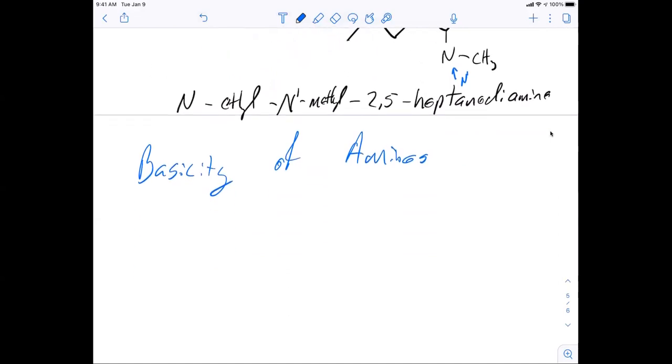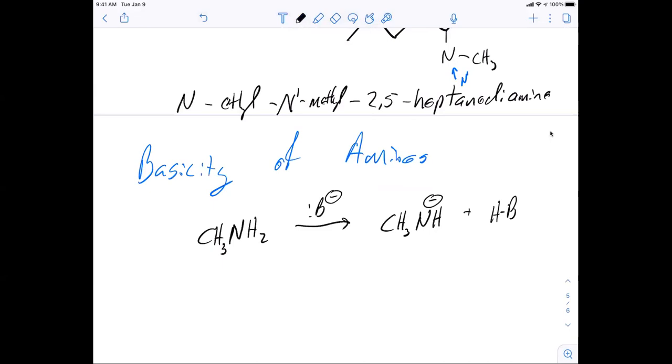Okay, if we think about amines, if we look at just the loss of a proton, right?